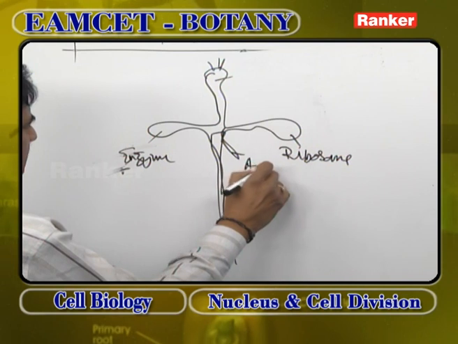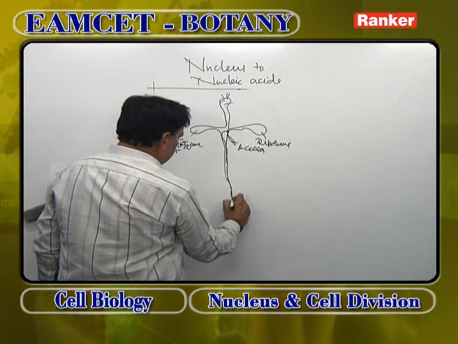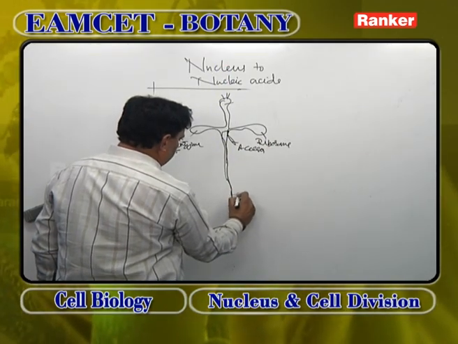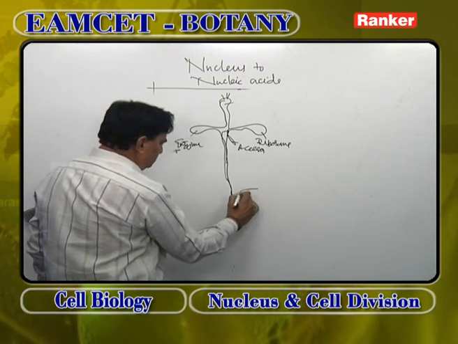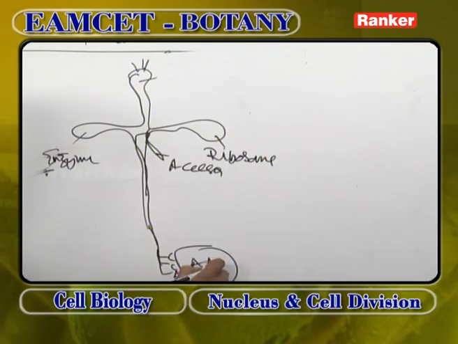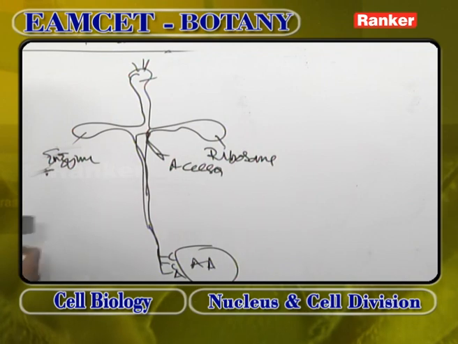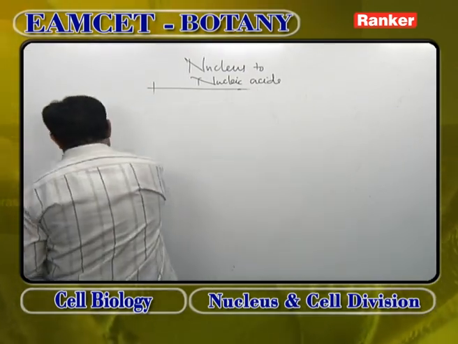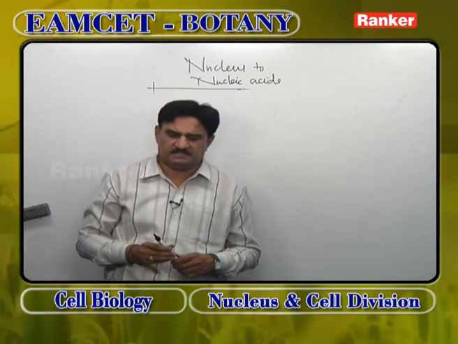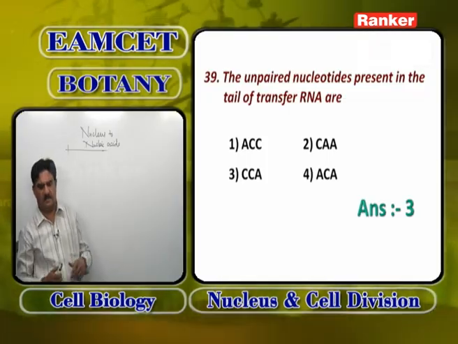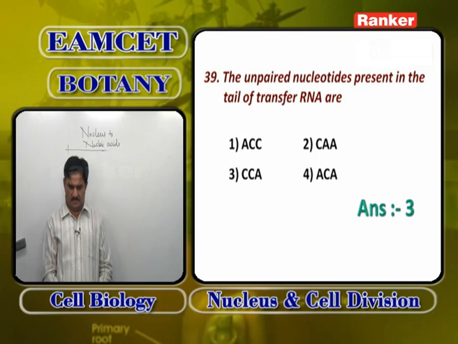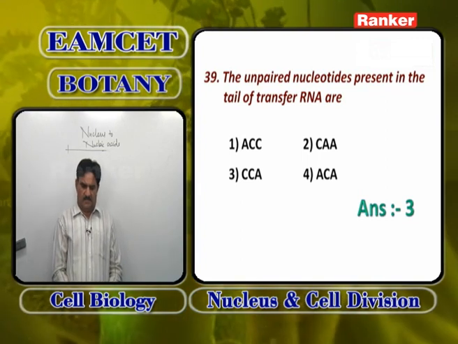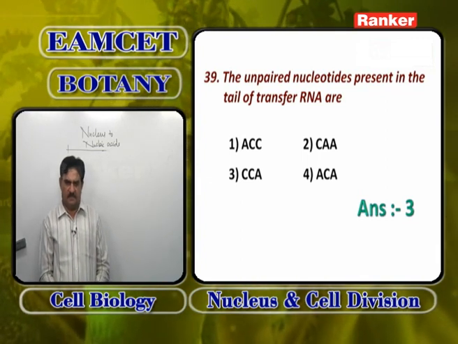It has an accessory loop, and on one side the tail always ends with CCA nitrogen bases. This is the place where amino acids are attached. So the unpaired nitrogen bases in transfer RNA are always CCA. Third option, the unpaired nucleotides present in the tail of transfer RNA are CCA.